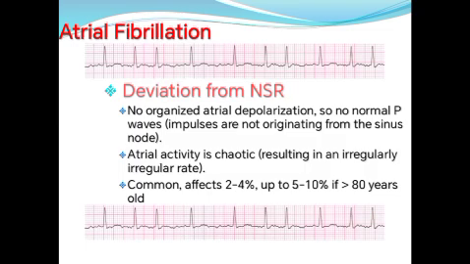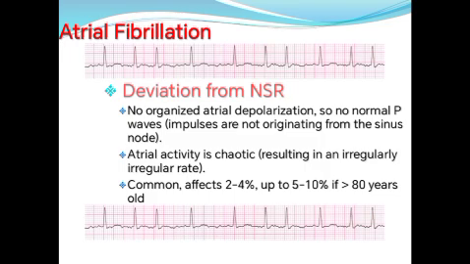We have no organized atrial depolarization, so no normal P wave, because the impulses are not originating from the sinus node. Atrial activity is chaotic. We have a lot of points of electrical activity resulting in an irregular rate, so there will be no organized P wave, or even no P wave.